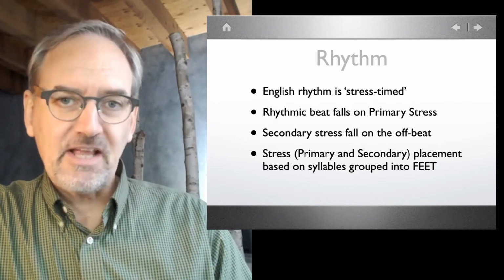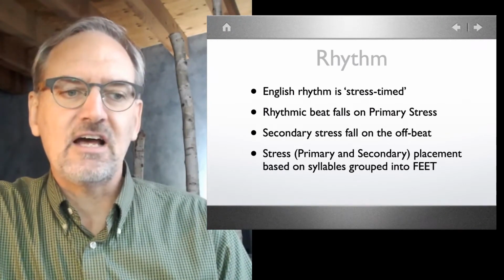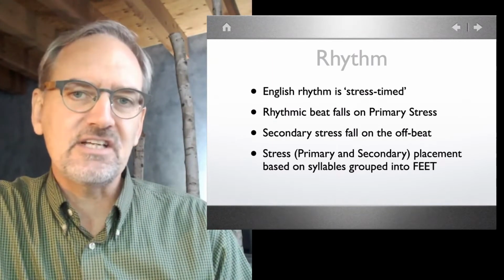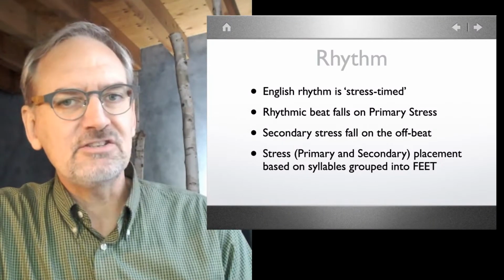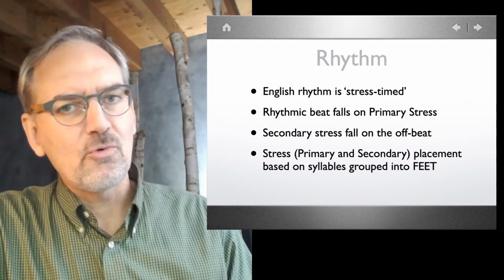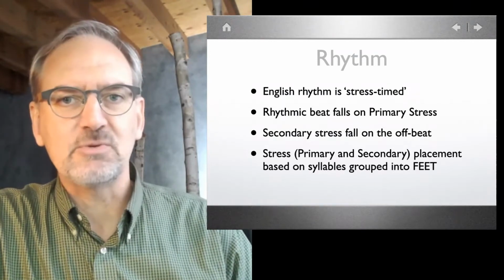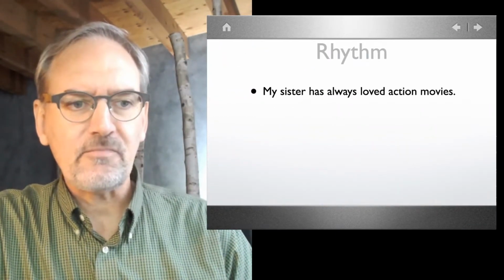Now, the placement of stress within words or even in phrases is based on how the syllables are grouped together into feet. And so we've begun to look into how that happens, and we'll learn more details actually after test 1, but I want to review what we've studied so far. Okay.